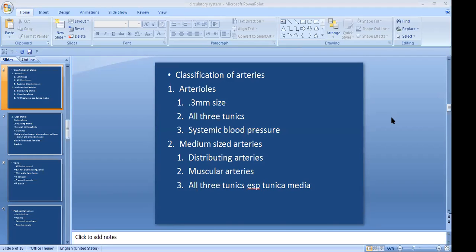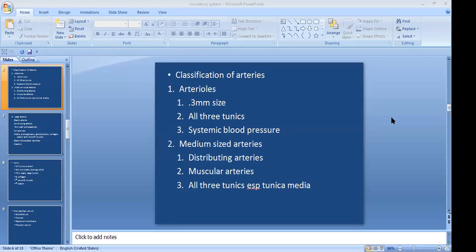The systemic blood pressure is usually controlled by the constriction and dilatation of arterioles.